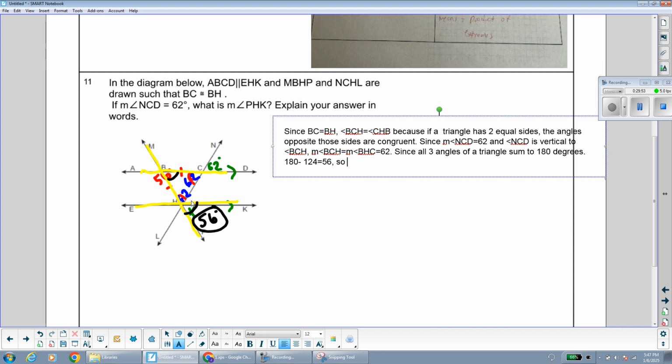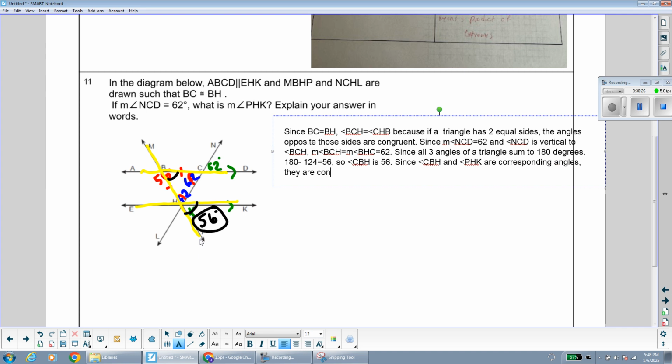So angle CBH is 56 degrees. Since angle CBH and angle PHK are corresponding angles, they are congruent since lines are parallel.